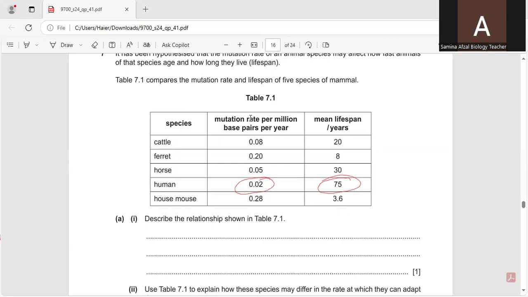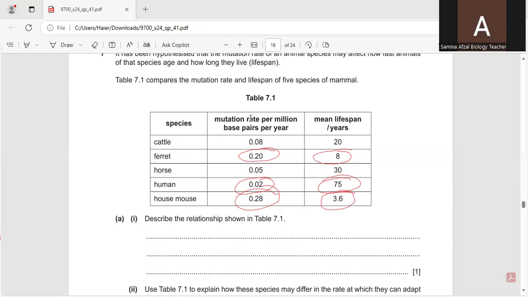And then we come to the ferret, which has 0.20 and lifespan is 8 years, and house mouse 0.28 and the lowest lifespan. So in this way, I would like to say that as the mutation rate is increasing, the lifespan is decreasing. And the lowest mutation rate is in human beings and the lifespan is highest.